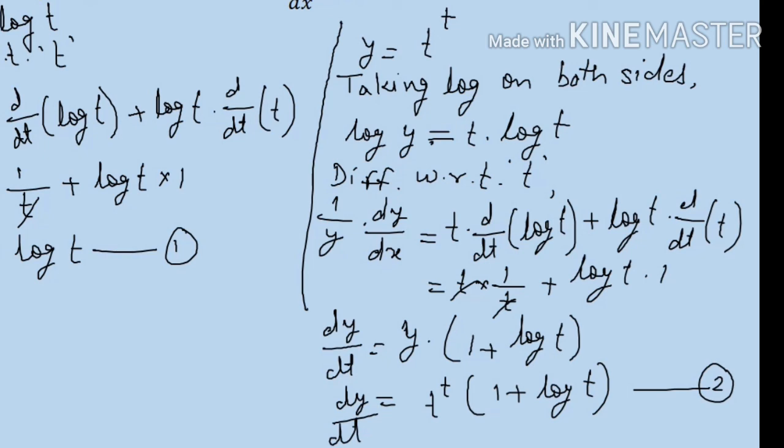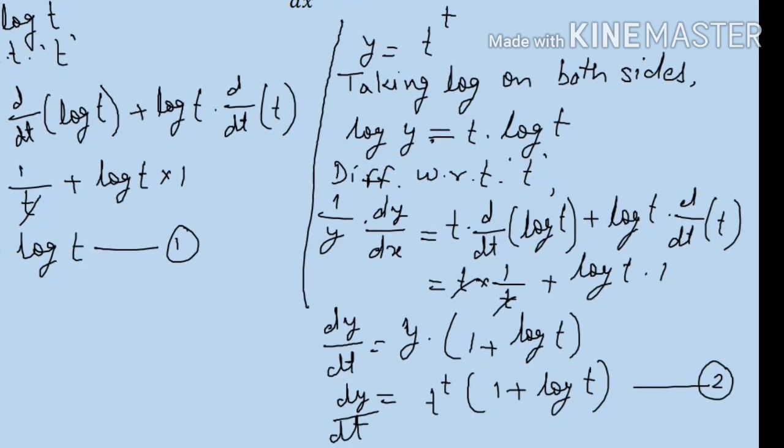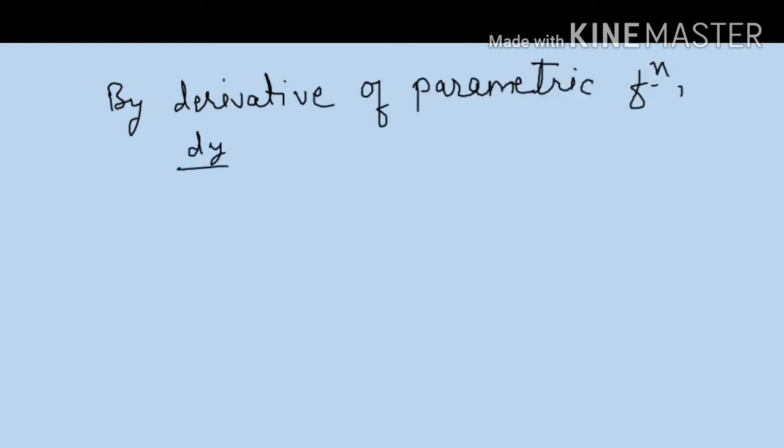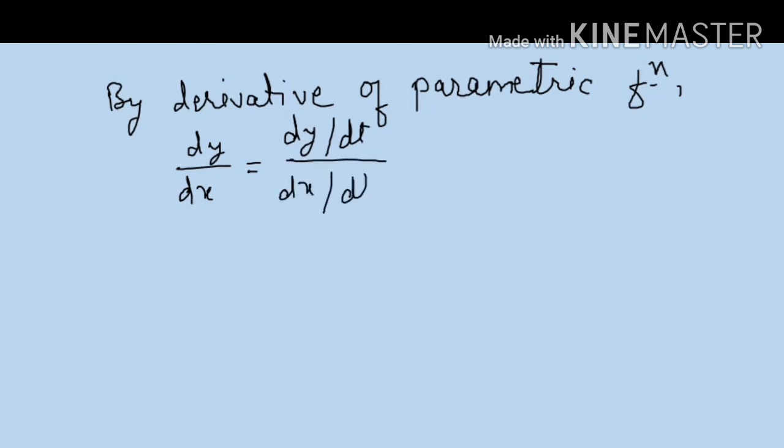Now let us find dy by dx. So by the derivative of parametric functions, dy by dx is equal to dy by dt upon dx by dt, where dx by dt is not equal to 0.